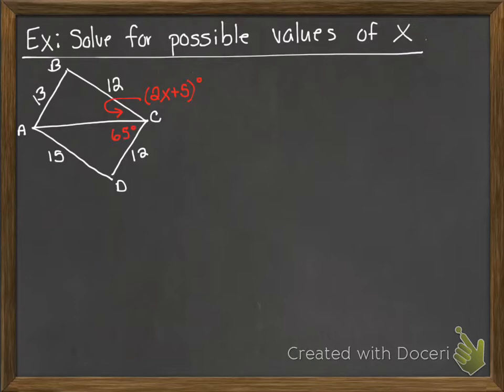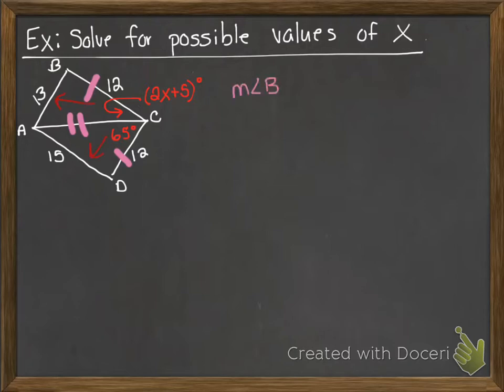All right, so what we got going on here is first I want to try and use one of my hinge theorems. First of all, I have one pair of congruent sides because I know BC and CD are both 12. My second pair is my reflexive property. I know AC is congruent to itself. Now if you notice, I'm looking at my included angles, and across from my included angles are side lengths.